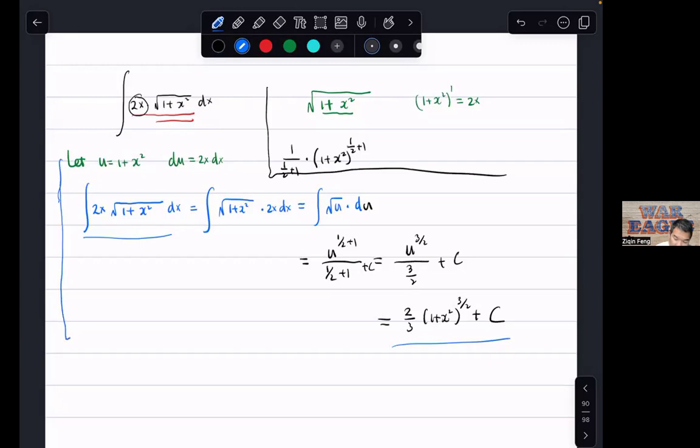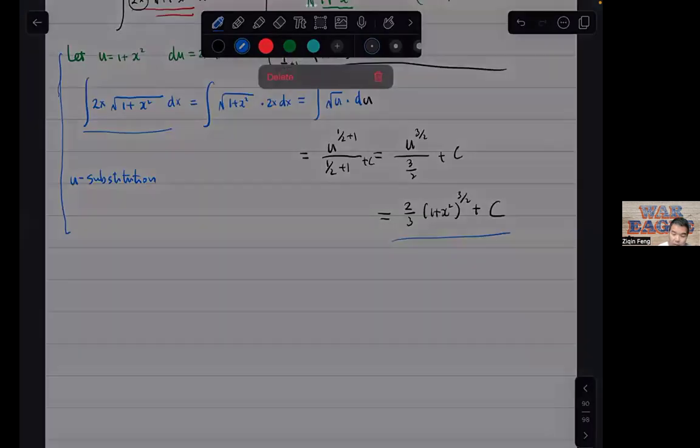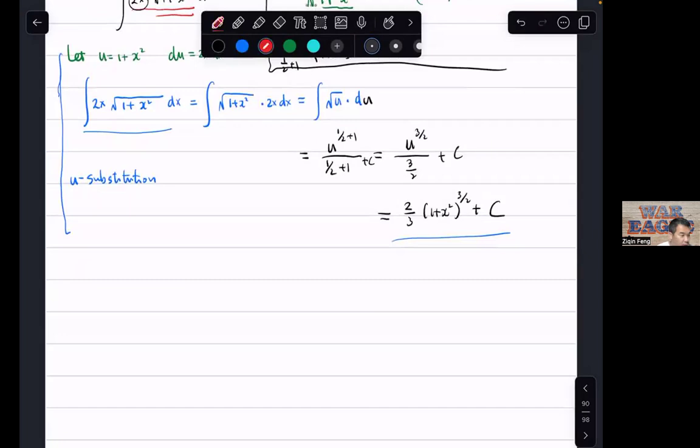So let's try to write down a standard statement for the u-substitution, so we can use it whenever we want, right?